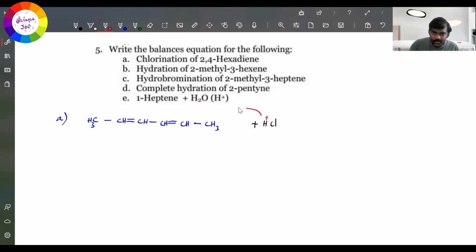Let us say it is attacking this carbon, the second carbon, right? Once the H plus ion attack happens, the compound will be attached with the H plus ion, and the carbon where it is attached will get the positive charge.